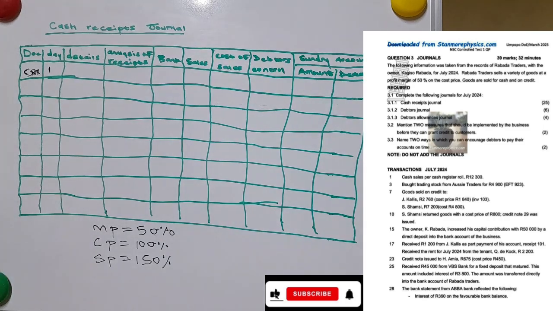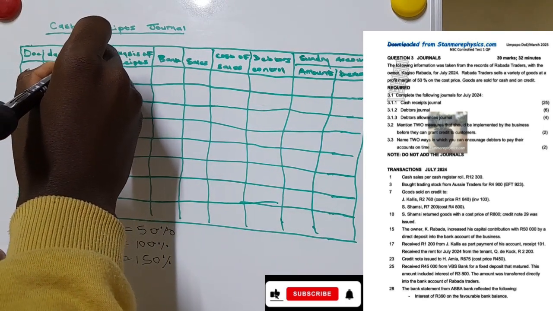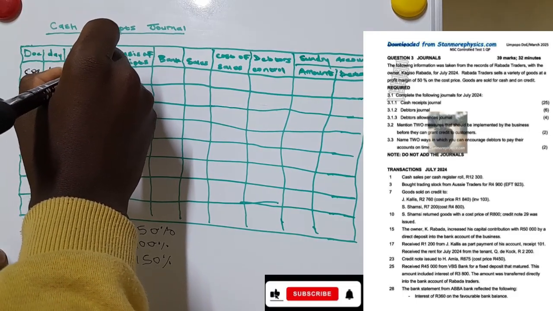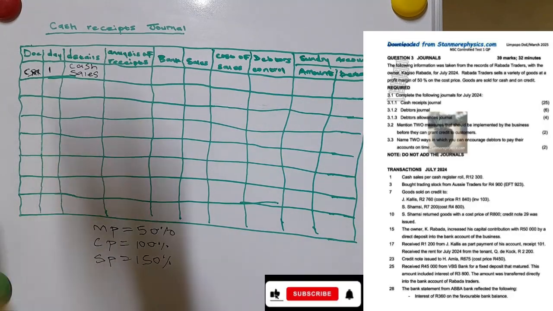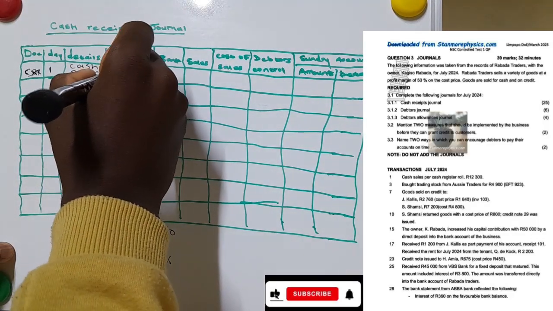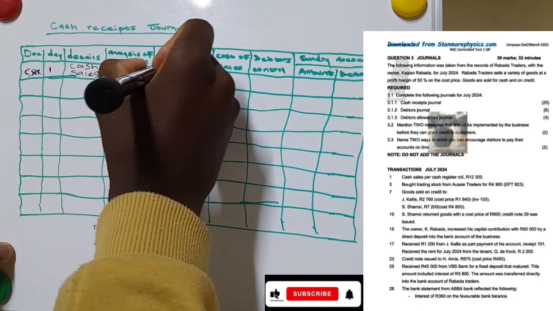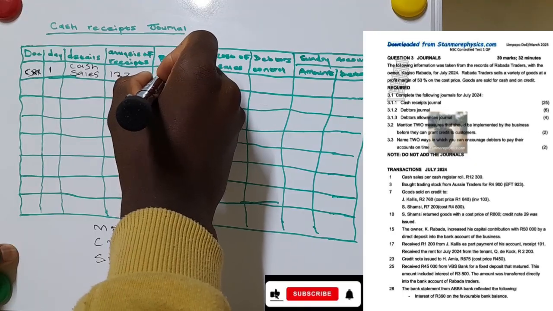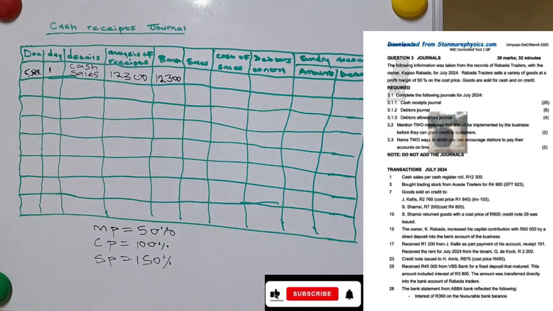Then details, we're going to say cash sales. Then in the analysis of receipts, you record that amount, which is 12,300. Also under bank, we are going to record 12,300. Then we are done with the first transaction.